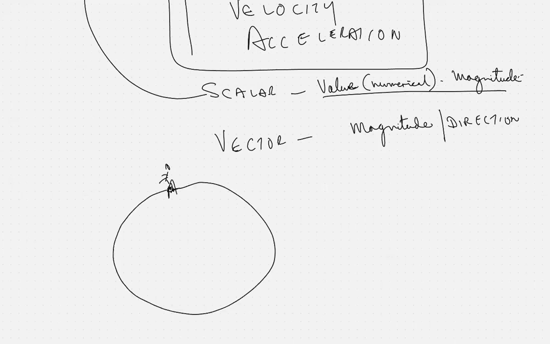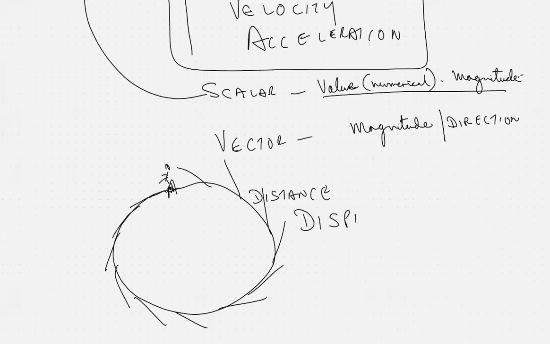At each point the direction changes, right? But if we ask for the displacement, starting from A and coming back to A, there is no displacement. It's 0.